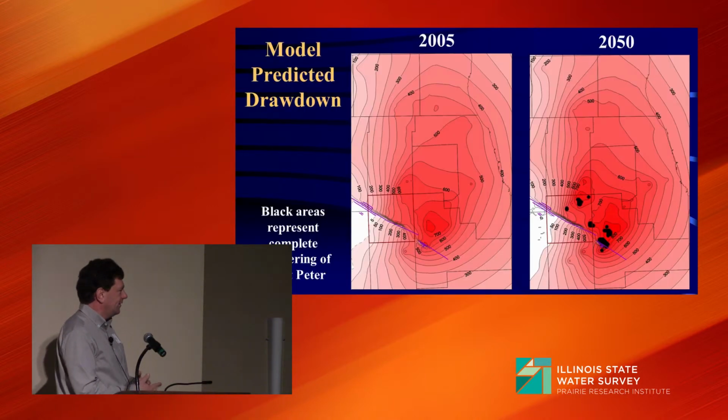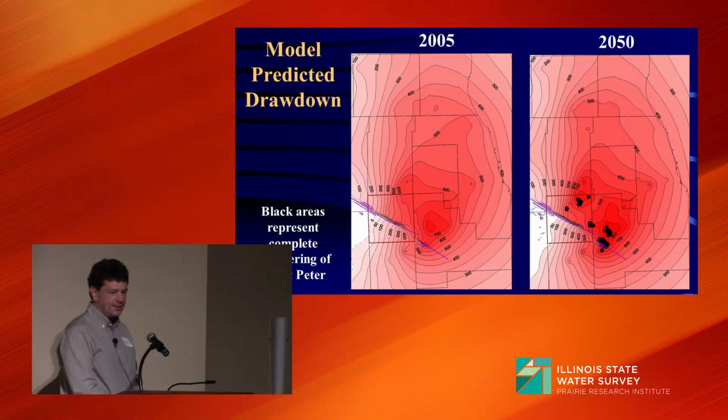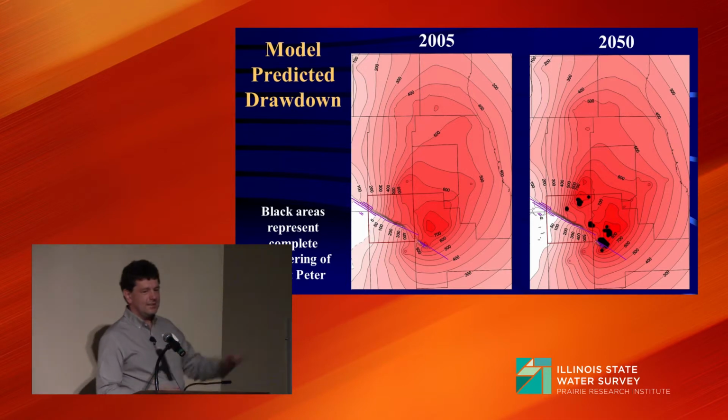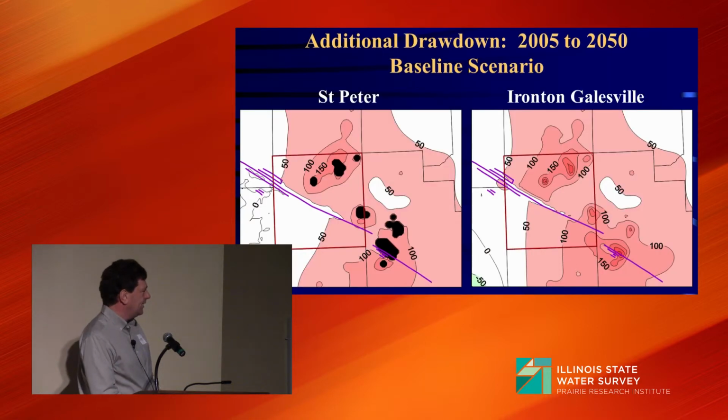So what impact does this have on the aquifer? Over time, our drawdown continues to increase out to 2050, and we start to see these little black areas appear, which is where that upper sandstone, the St. Peter, is being completely desaturated.